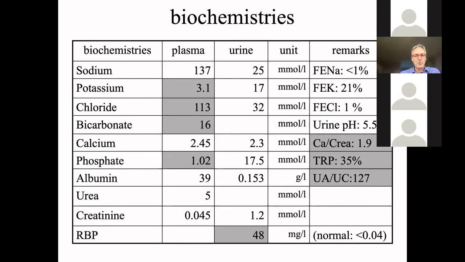It really goes up by 3, 4, sometimes 5 orders of magnitude. And you can see that here, it's 48 milligrams when it should be something like 40 micrograms. So it's 1,000-fold increased.